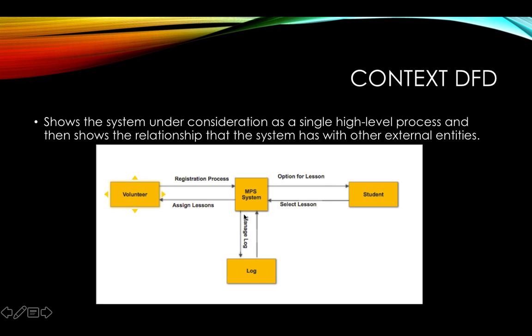The managed log goes through the log, and that is what they use for their database in assigning lessons for people. And that runs back through their system. When someone volunteers for their program, they go through the registration process, which I showed you in the decomposition diagram. And then the system assigns them lessons.